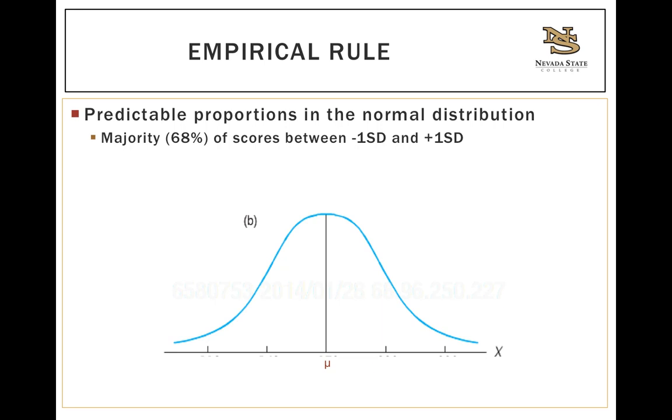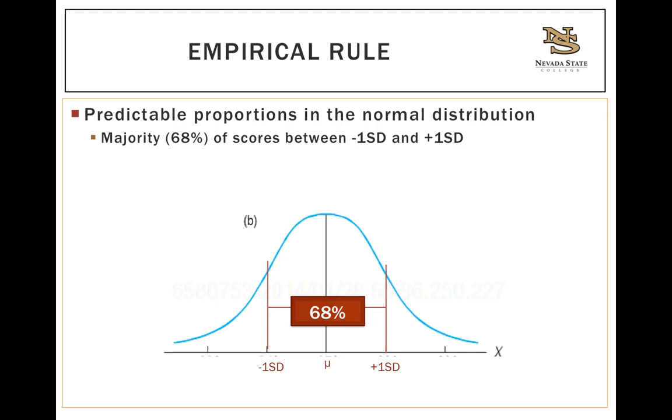So that means we can figure out one standard deviation above that mean and one standard deviation below that mean. So no matter what that standard deviation is, if it's 0.1, 10, 100, a million, if your distribution is normal, 68% of your participants will fall between that -1 standard deviation and that positive standard deviation. And I think that's pretty cool.